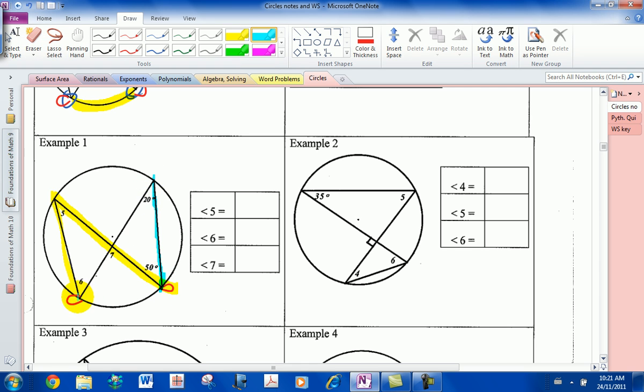So there's one foot I traced, there's the other foot. What angle is subtending or standing on the same spot? 20 degrees. Right here. This angle is 20 degrees. So angle 5 has to be 20 degrees because their feet are in the same spot.